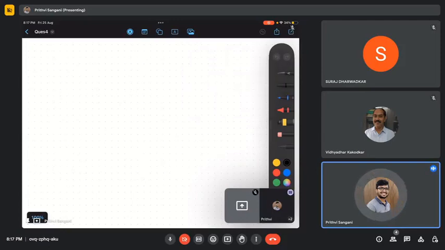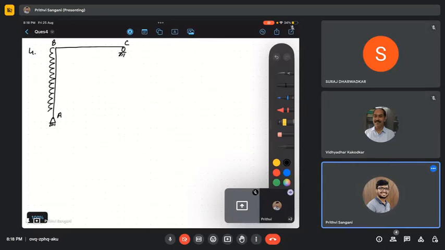So we have a frame something like this: A, B, and C. This is a UDL of 24 kilonewton per meter, and BC does not have any load.